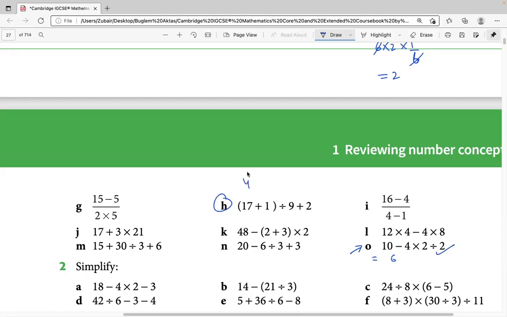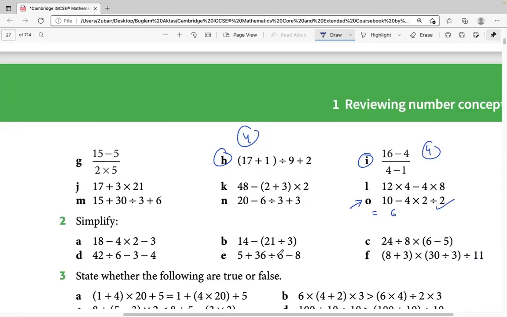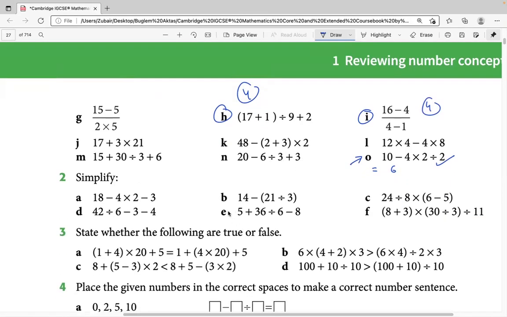Very good. I part. 4. Very good. E part. 3. Very good.